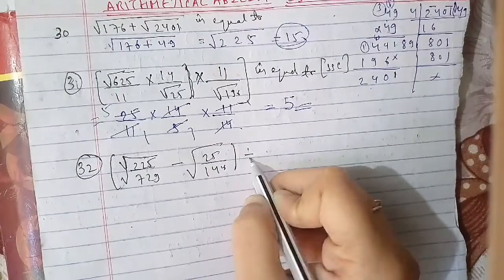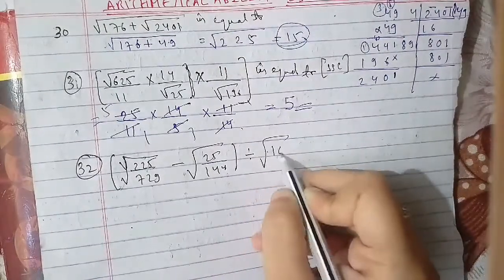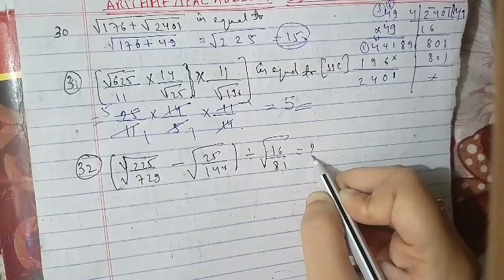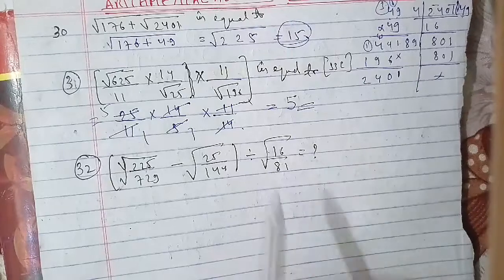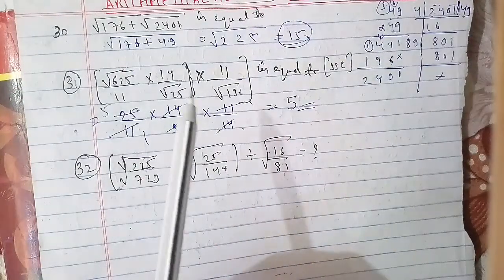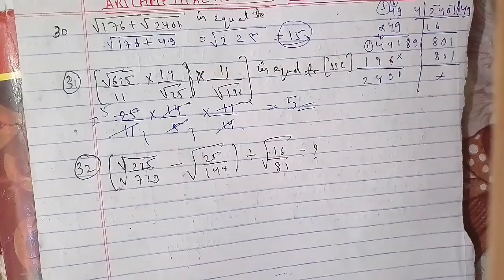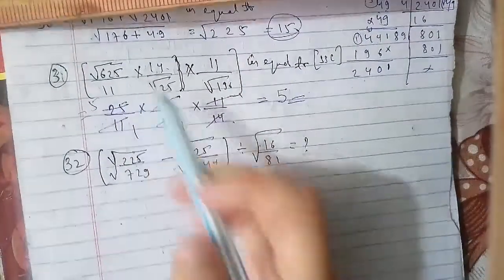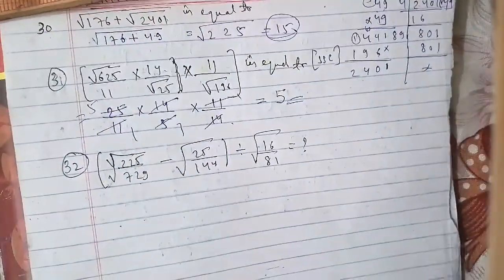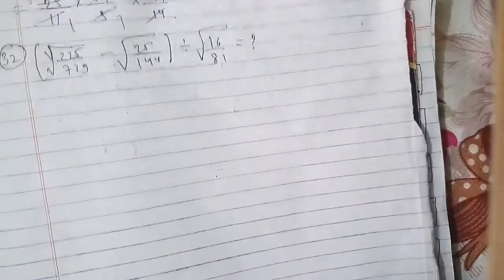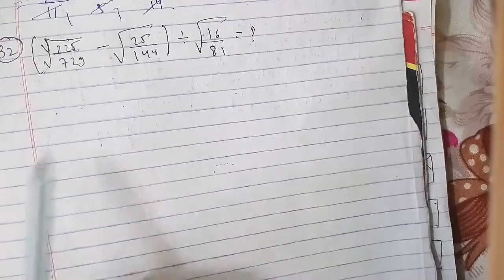So for that sake, we will go ahead with under root 225 and 729. We will separate it out in the form of under root 225 upon under root 729 minus under root 25 upon under root 144, divided by under root 16 upon under root 81.